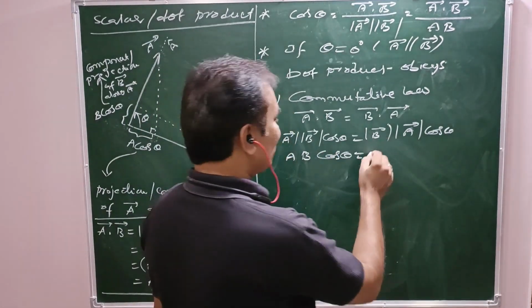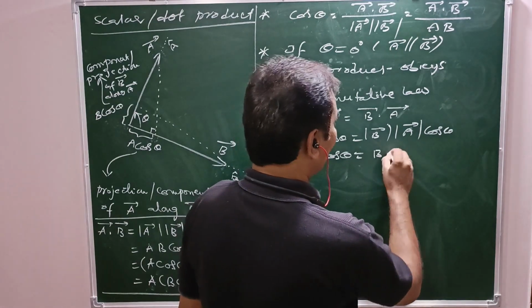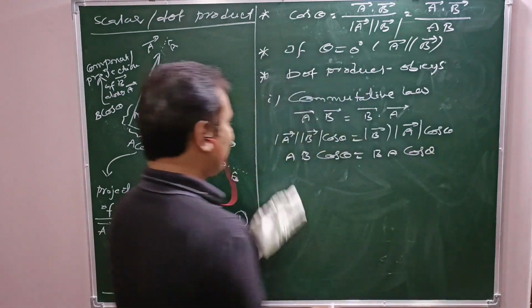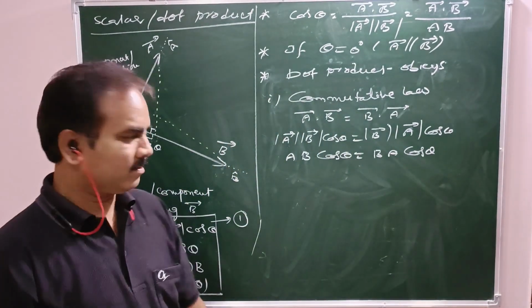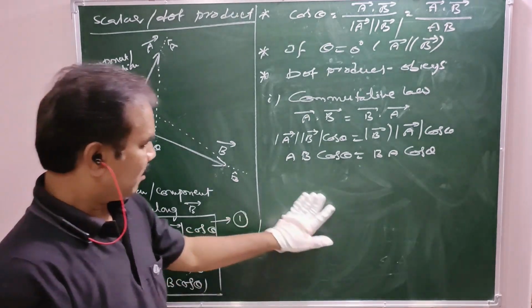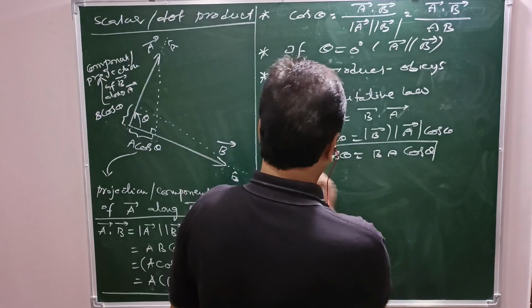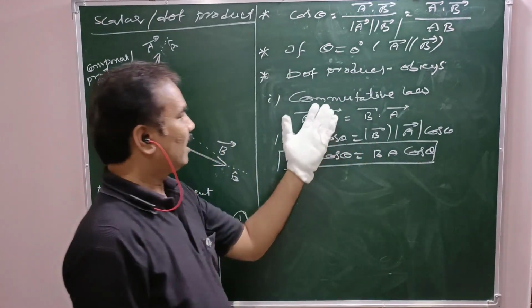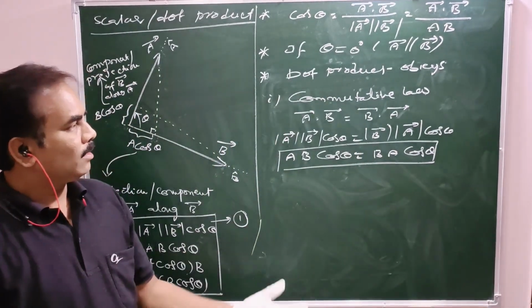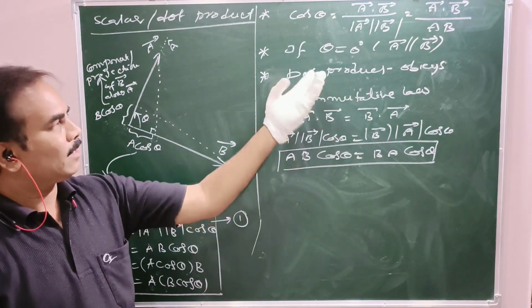Here mod b bar means b, mod a bar means a, so b a cos theta. So ab cos theta equals ba cos theta. Therefore, the commutative law is obeyed by the dot product.